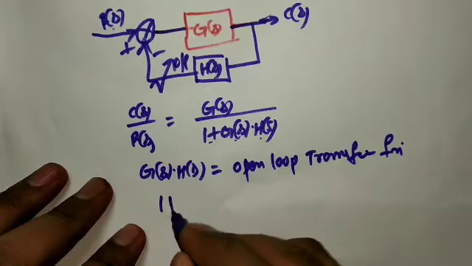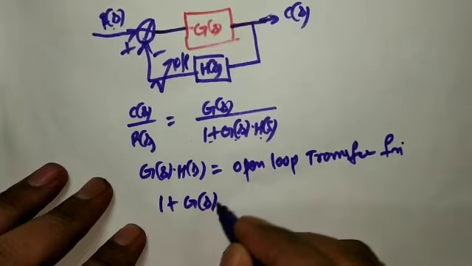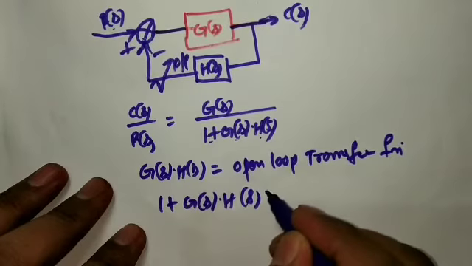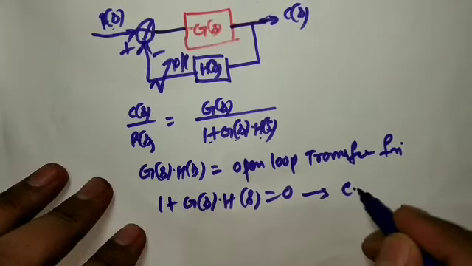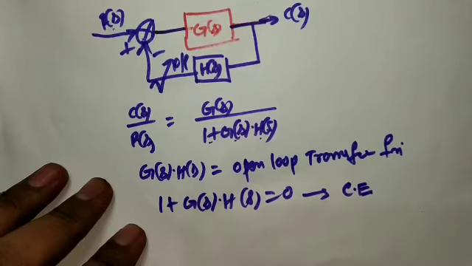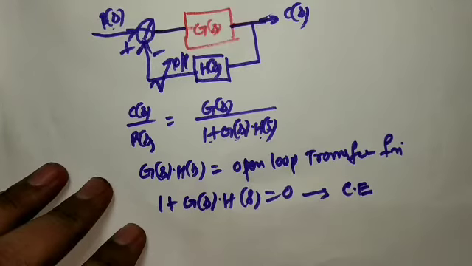I am interested in the roots of the characteristic equation because the roots of this characteristic equation are nothing but the closed loop poles of the system.